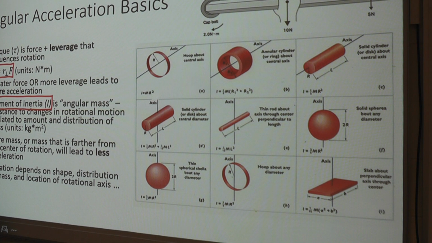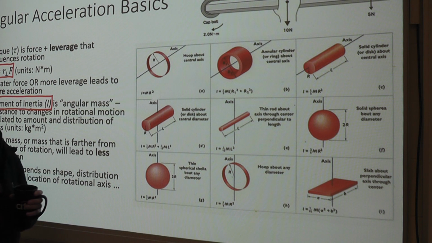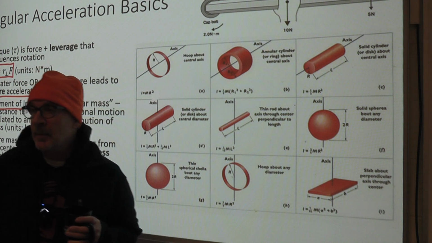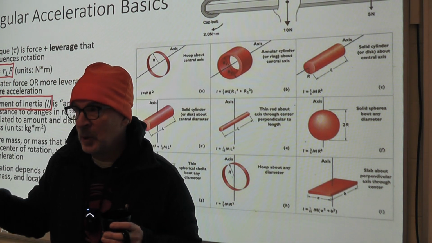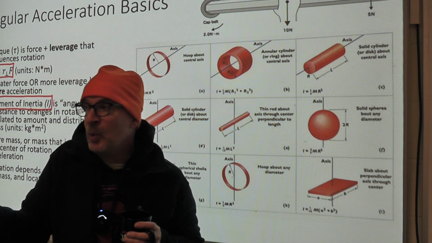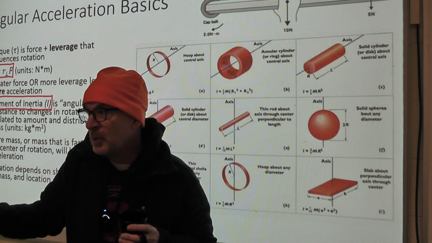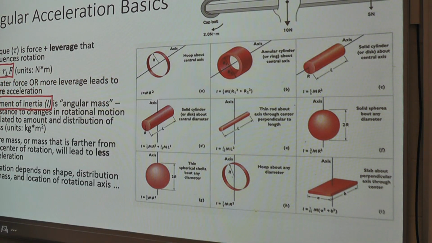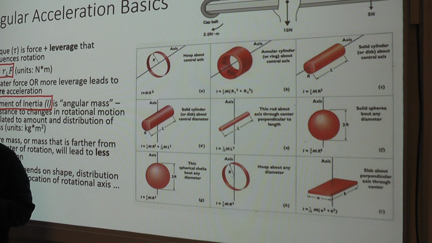But when I explain torque as force with leverage, that sort of makes sense to people. If you've got a bolt that's stuck, if you use more force, you might be able to get it unstuck, but you could also use more leverage, and then you don't need to use as much force. Those two concepts are pretty familiar to us because we use them a lot.